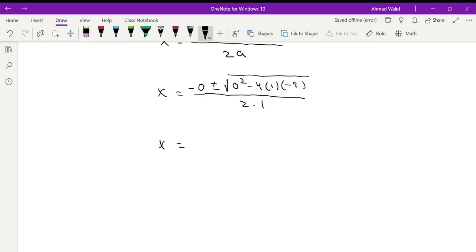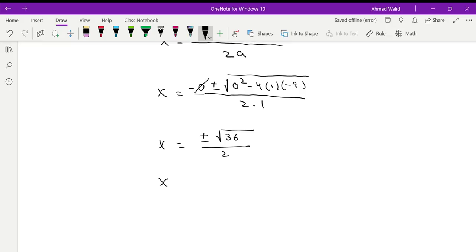X is equal, this part is 0, I'm not even going to write it, plus minus a square root of 0 squared is 0, negative 4 times negative 9 gives you positive 36 over 2.